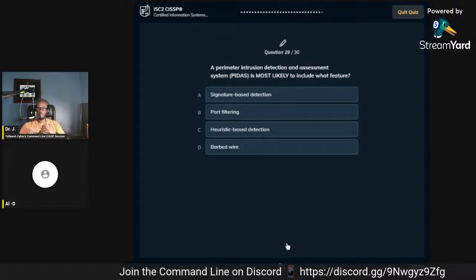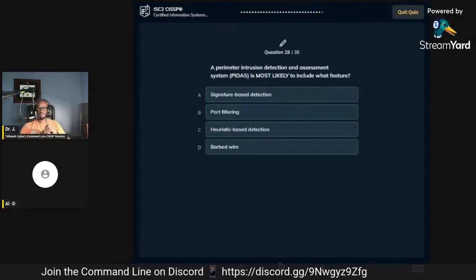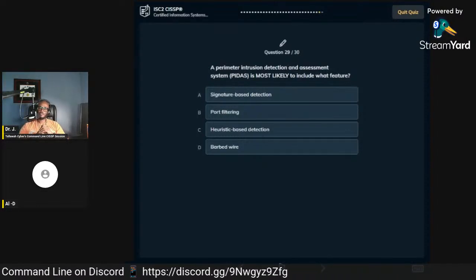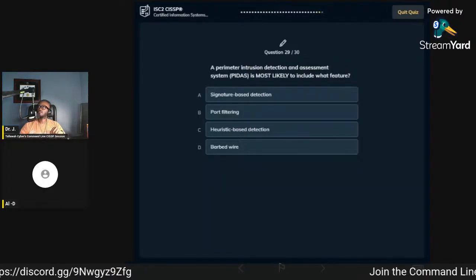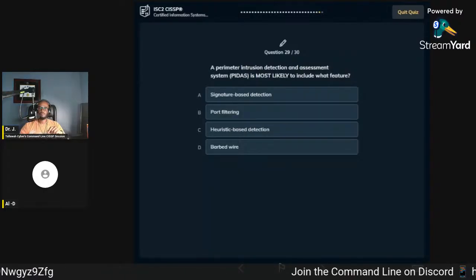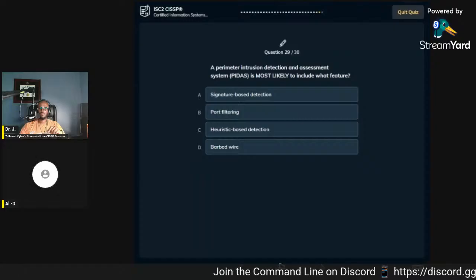All right, a perimeter intrusion detection and assessment system, or PIDAS, is most likely to include what feature? Detection and assessment.